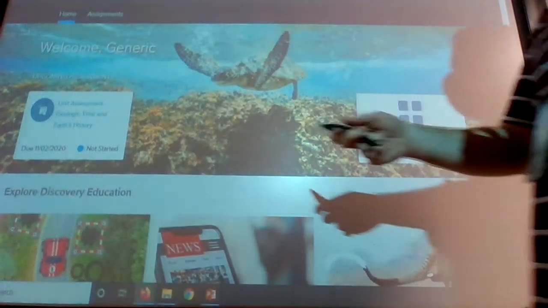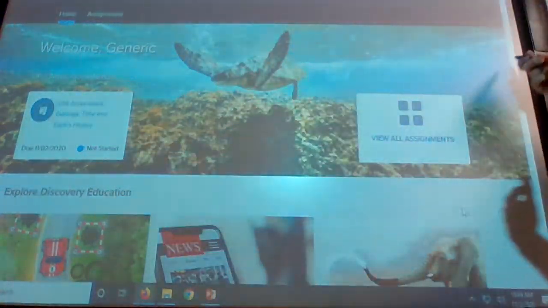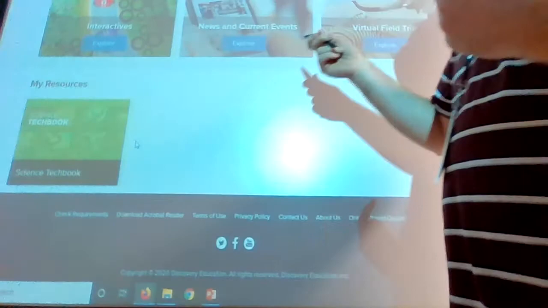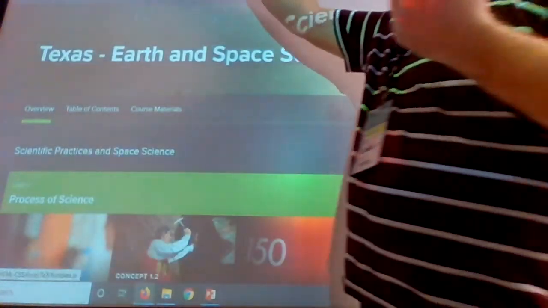So let me go to students and pull up Mr. or Mrs. Generic here. Let's go through this real quick. So we have the unit assessment. Just so I can go back and forth from the book, unless you think you know it all and don't want to use the book at all, open up a new tab and open your science tech book so you can use that.